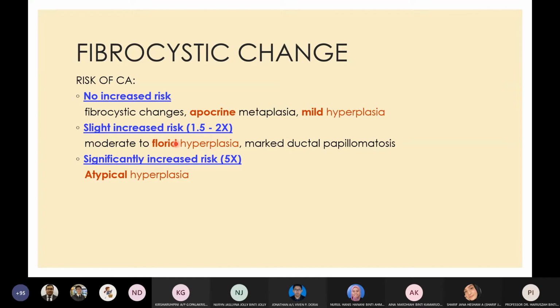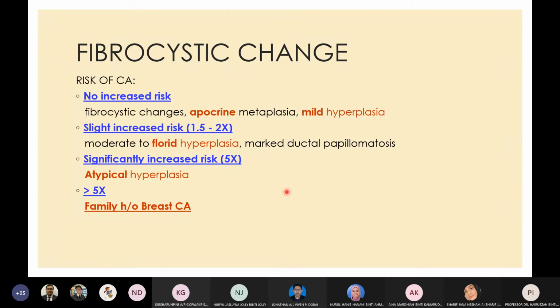But when the hyperplasia is more severe, more florid, then the risk is higher. Of course, when there's atypical hyperplasia, just like what we discussed just now, the risk is much higher and definitely multiplied when the patient has a family history: sister, mother, auntie, blood relation who has a history. This patient deserves more close attention.